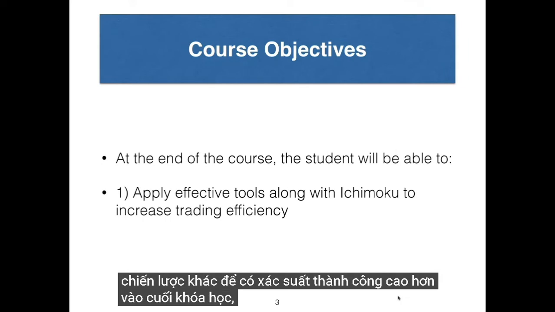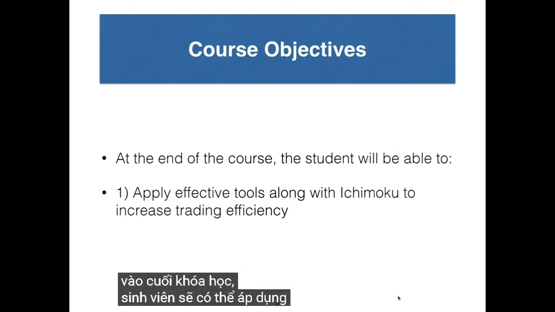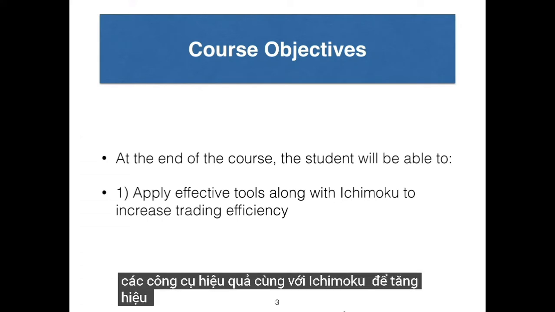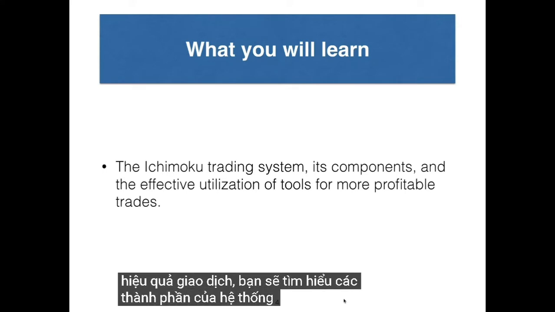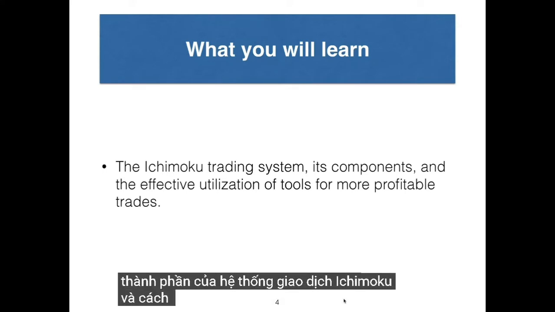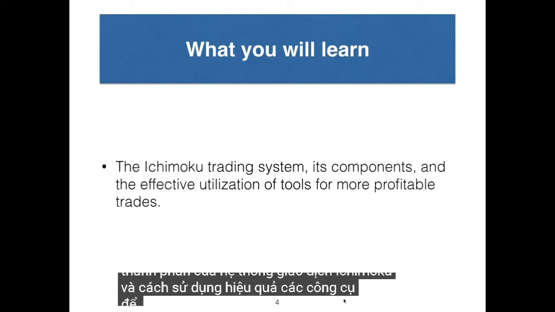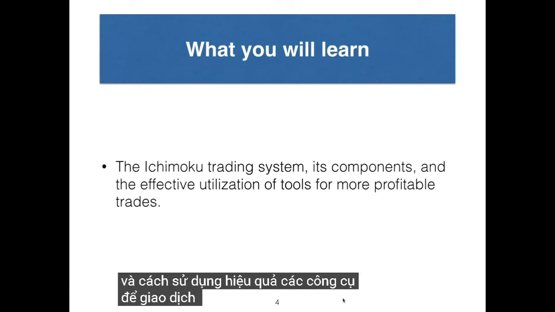At the end of the course, the student will be able to apply effective tools along with Ichimoku to increase trading efficiency. You will learn the Ichimoku trading system, its components, and the effective utilization of tools for more profitable trades.